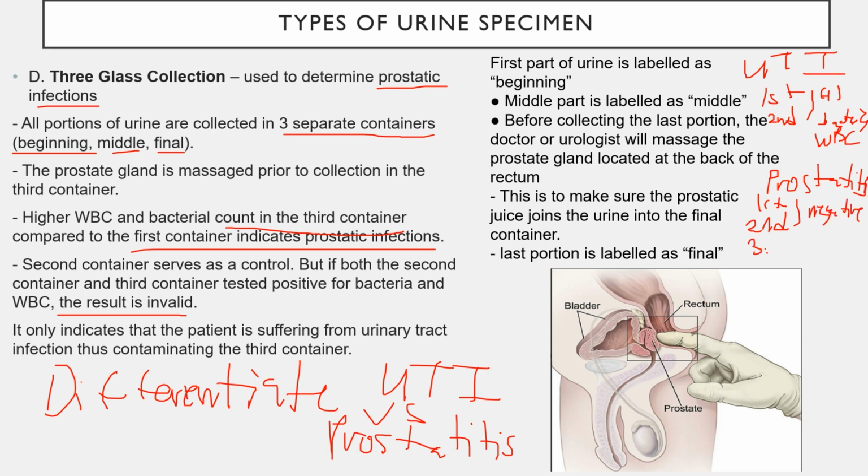But the third, after i-massage yung prostate, would become positive for bacteria and WBC. So, pakitandaan yan ha. Yung beginning and yung middle, if it's UTI, would become positive for bacteria and WBC. Pero kapag prostatitis, only the third, yung final container, would be positive for bacteria and WBC.